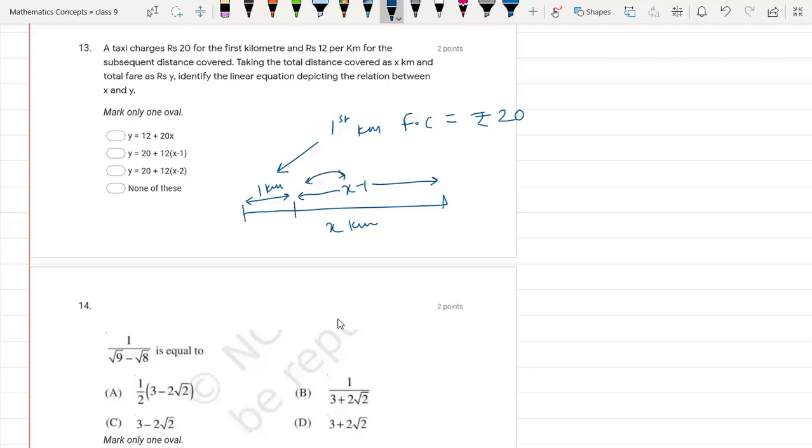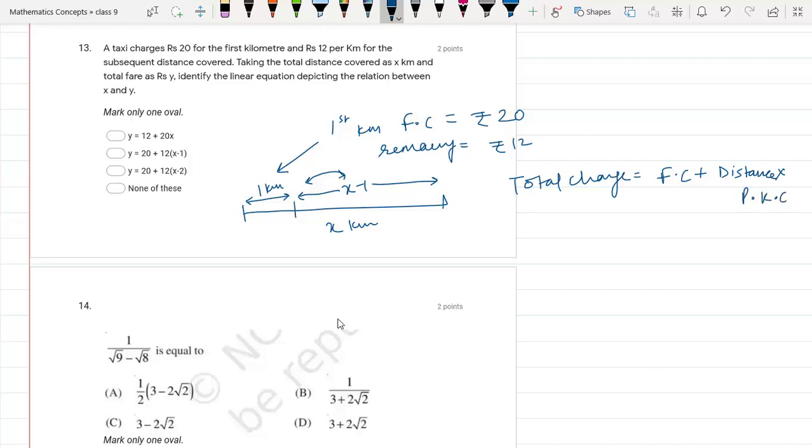For the remaining, the per kilometer charge is rupees 12. So what is the equation? We all know total charge is given by fixed charge plus distance covered into per kilometer charge. Let's put the values.